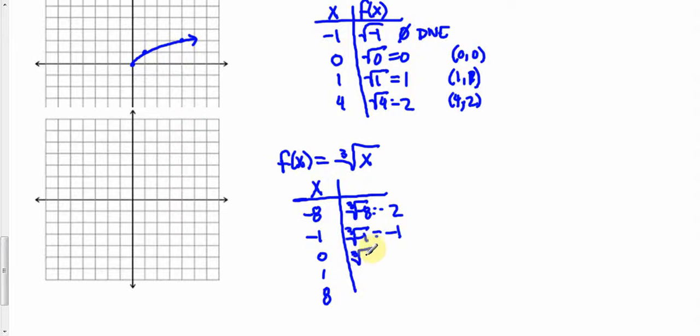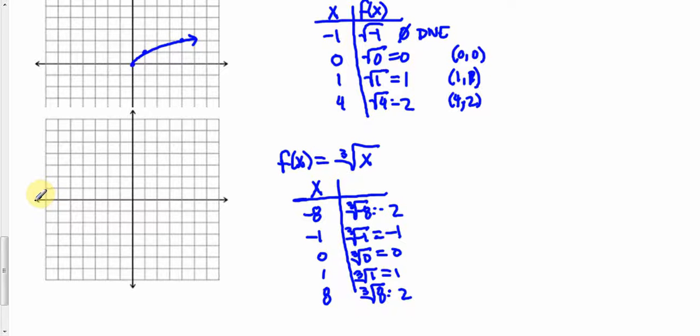The cubed root of 0 is 0. The cubed root of 1 is 1. And the cubed root of 8 is 2. So my ordered pairs are negative 8, negative 2. Now I think this graph only goes out to 7, so I'm going to guess where it's at.